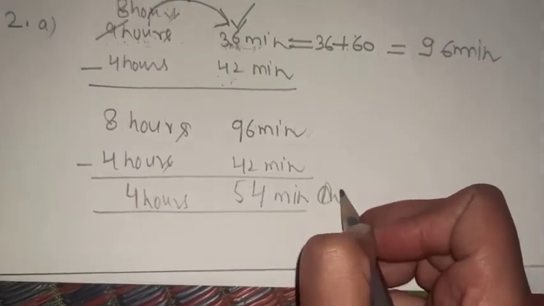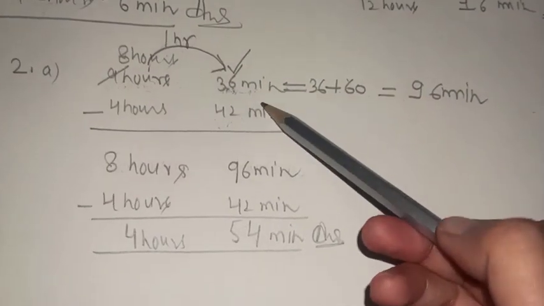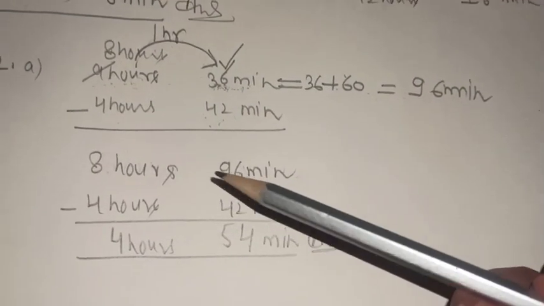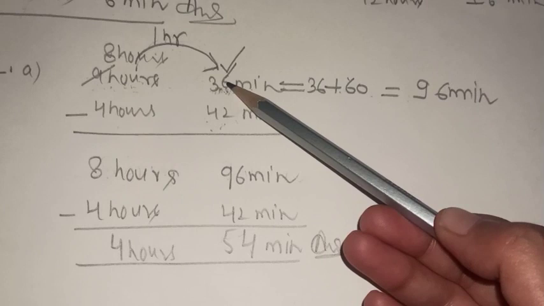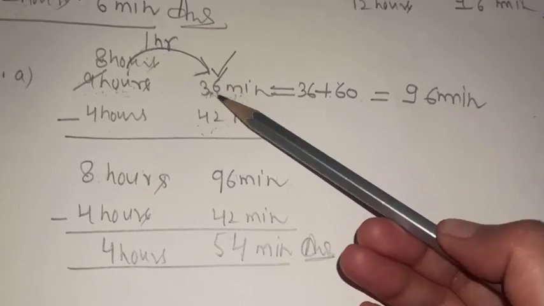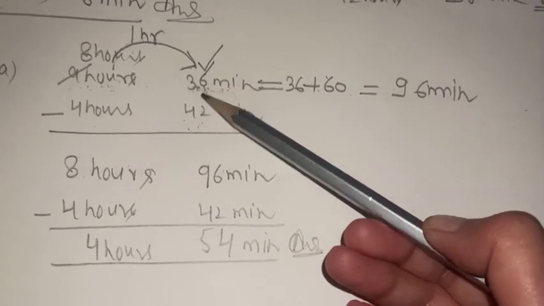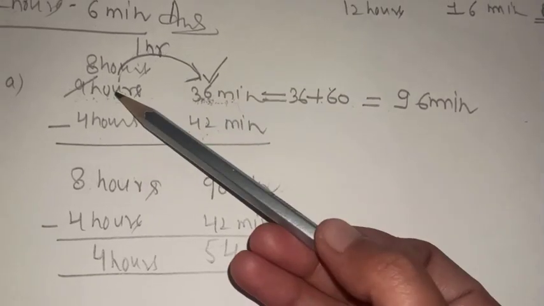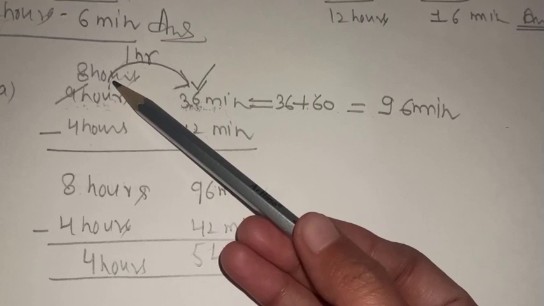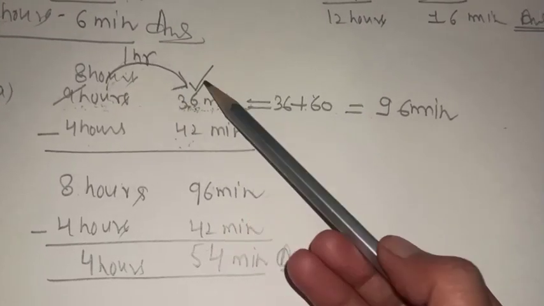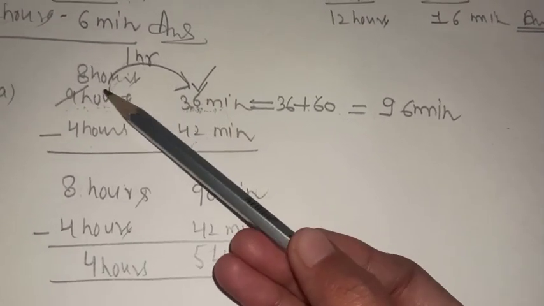So the question was something else, but we have changed it. Why have we changed it? Because it was 36 and it was not possible to subtract 42 from 36, because 36 is less than 42. So we had to take a carry from this side. When we take the carry from this side, it gives you 60 minutes. Why? Because this is our section.